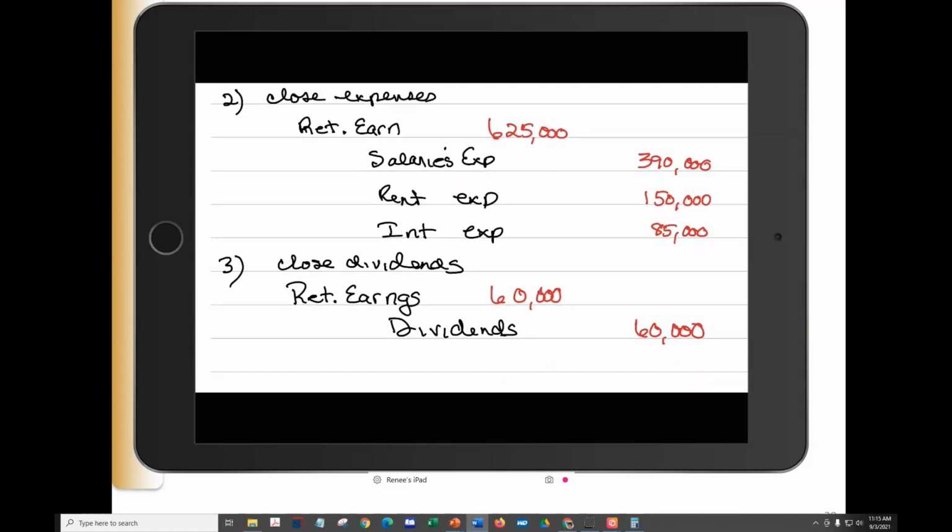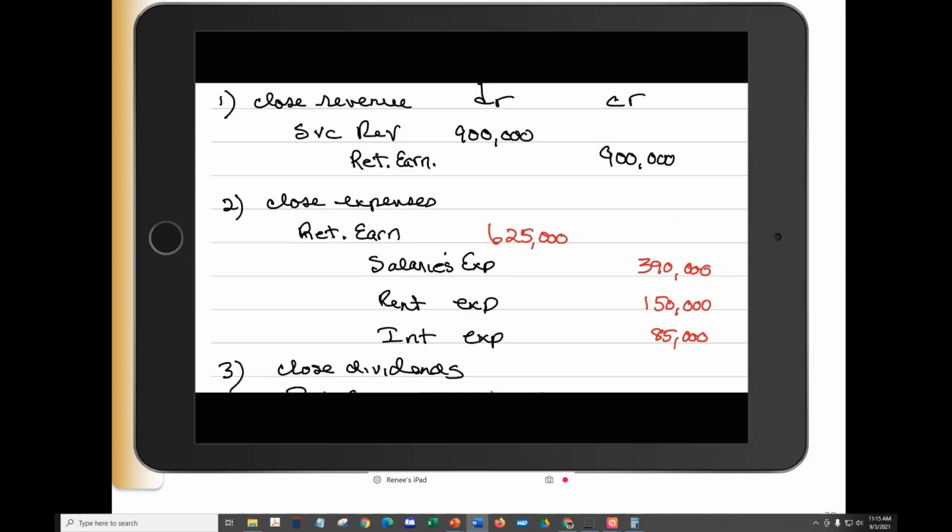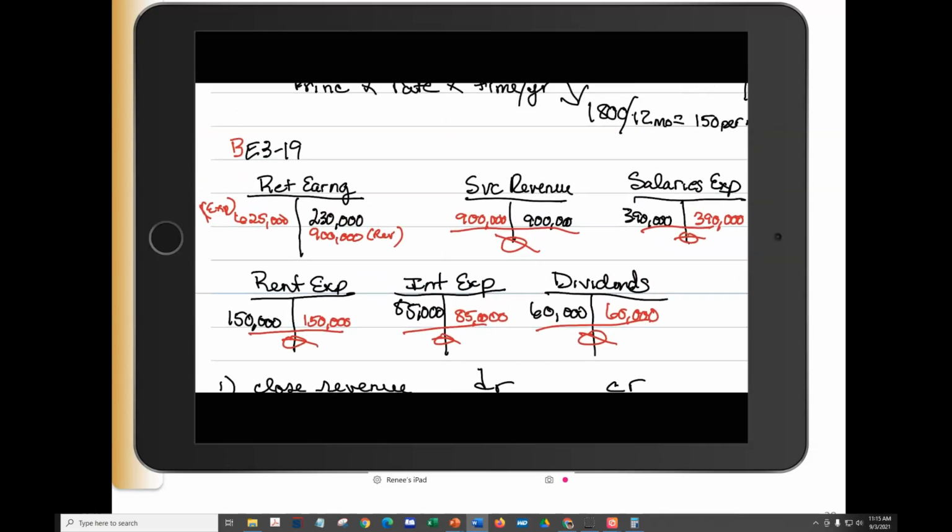And I want to debit it $60,000. That's the dividends. So what's my balance in my retained earnings account? $230,000 plus $900,000 minus $625,000 minus $60,000 I believe gives me a balance of $445,000.